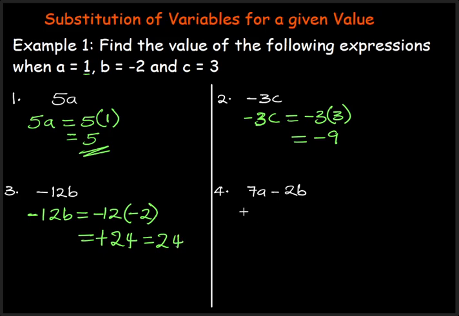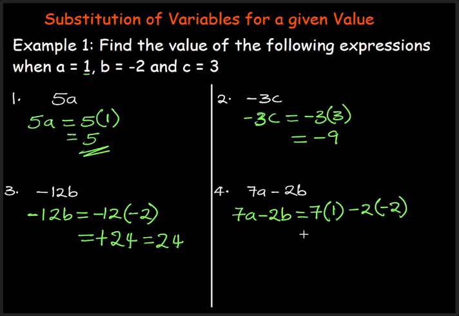Okay, and then we come to number 4. That's 7a minus 2b. That would be equal to what? So this is 7 bracket, our a is 1, and then minus 2 bracket, our b is minus 2.